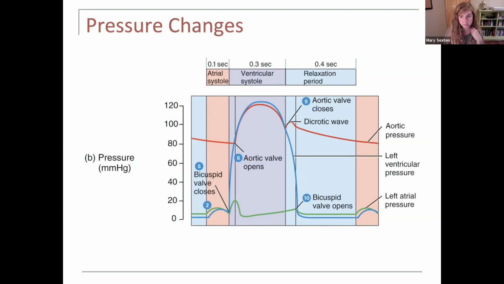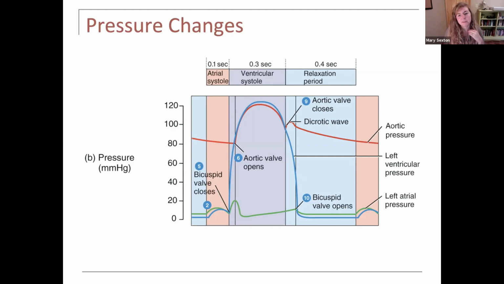Next question. During most of ventricular diastole, the pressure in the left ventricle is what than the pressure in the left atrium? Okay. During most of ventricular diastole, so when the ventricle is relaxed, the pressure in that ventricle is most of the time less than the pressure in the left atrium.